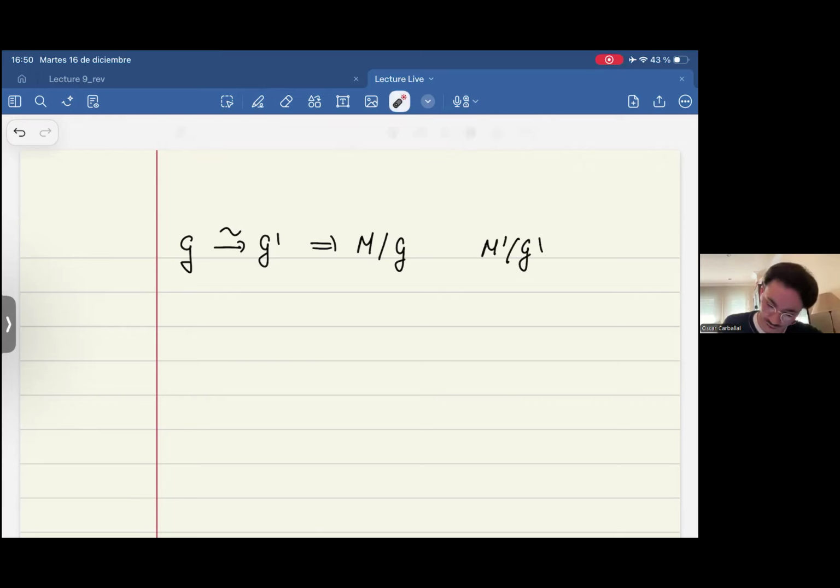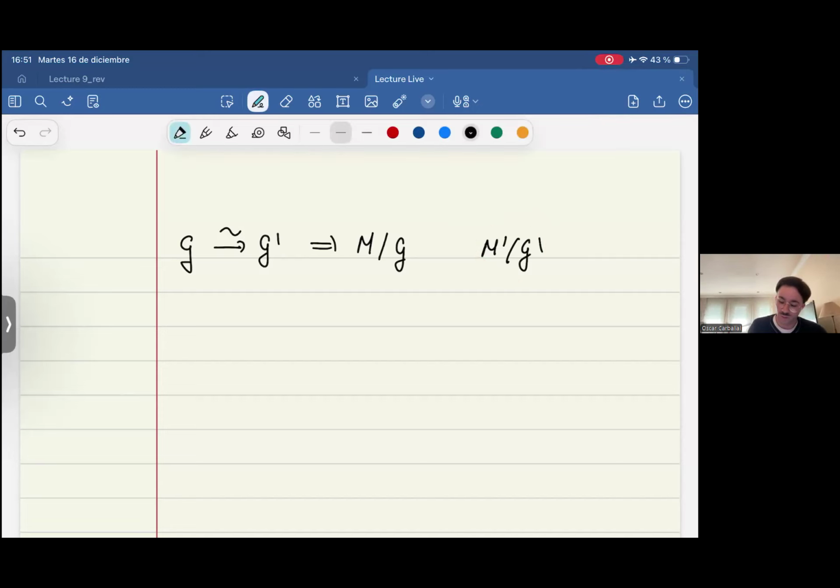These things here, as you can imagine, in general are not manifolds at all, but they are topological spaces, okay? The orbit space is the space of points which are joined by arrows of G, and the same with G prime. Provided that the Lie groupoids are Morita equivalent, these things here are homeomorphic, right?